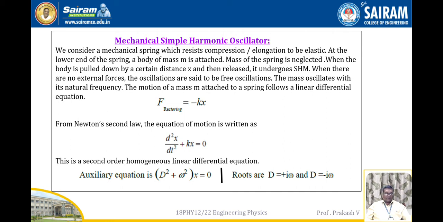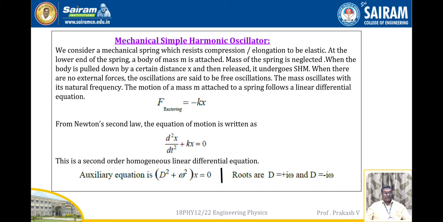This equation is considered a second order homogeneous linear differential equation. Further, the auxiliary equation is D square plus omega square into x is equal to 0. So here the value of D is plus i omega and the value of D is minus i omega.